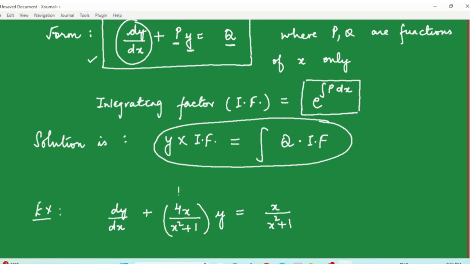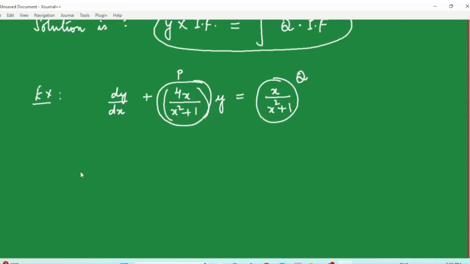So you can see that this is serving as p if you compare it with the standard form, and the right hand side function should also be a function of the independent variable only, which we are calling q in this.